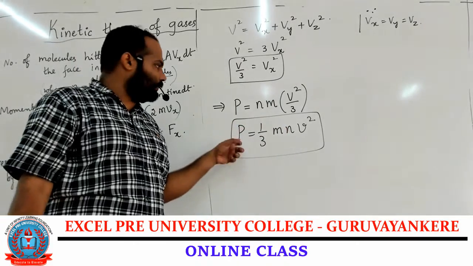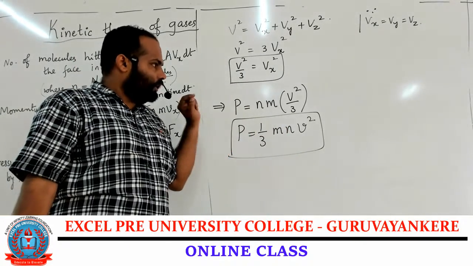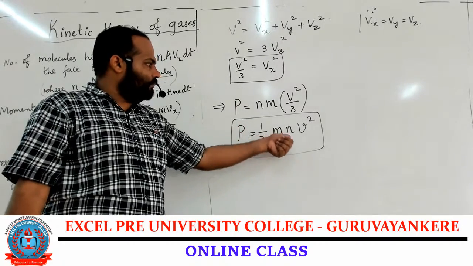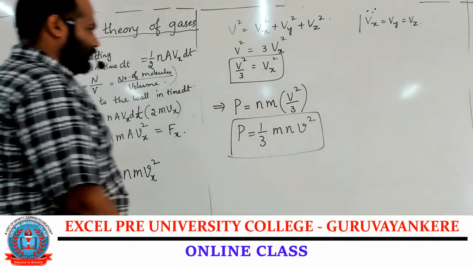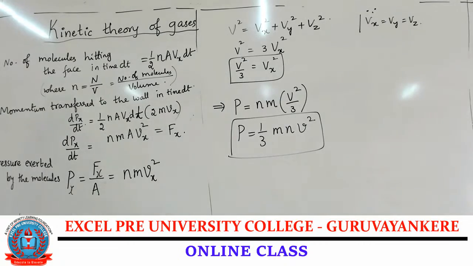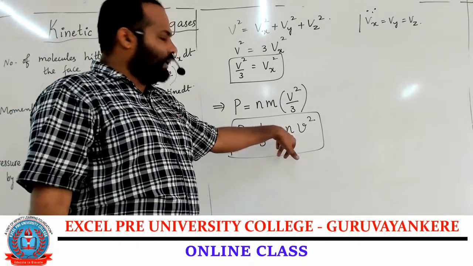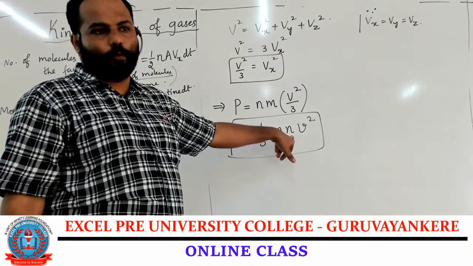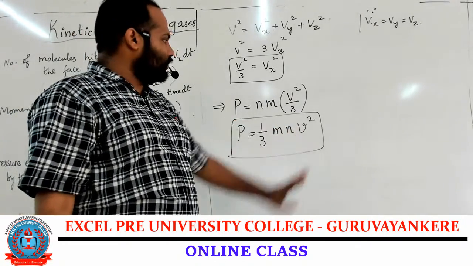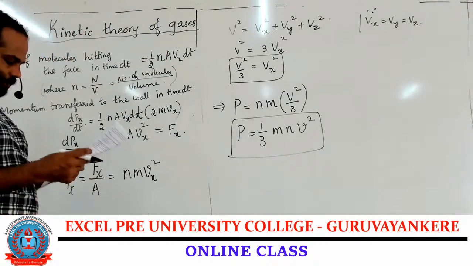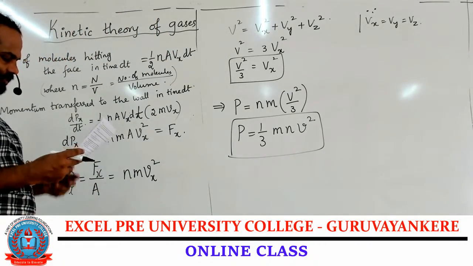So the total pressure exerted in one particular direction is 1/3 m n V square, where m is the mass of a single gas molecule, n is the number of gas molecules per unit volume, into V square. Is that clear? This is the important 5-mark derivation.